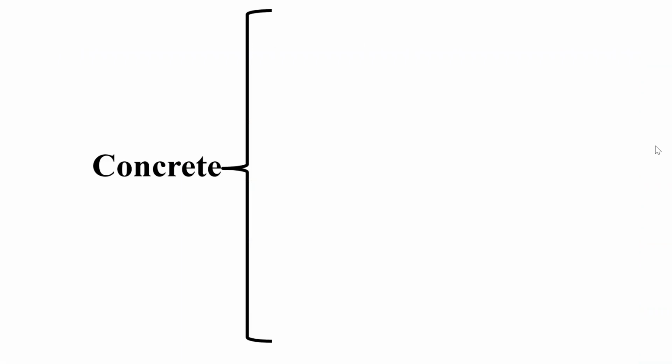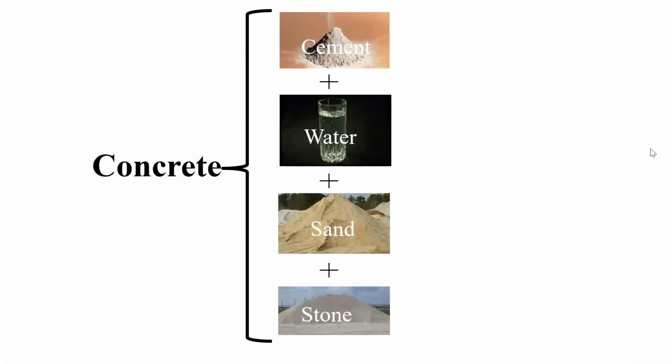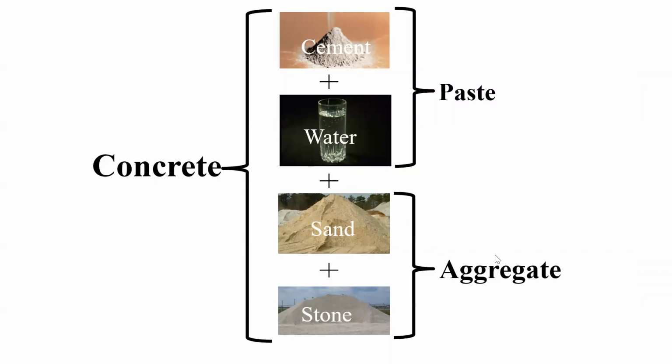So in general, just to get some basics in, concrete is made of cement, water, sand, and stone. That is, before the 1950s, that's kind of what it was made out of. You had your Portland cement, you added some water, some sand, some stone, you mix it all up, and it's called concrete. So in this class, when I use the word aggregate, I'm talking about the sand and the stone, fine aggregate, coarse aggregate.